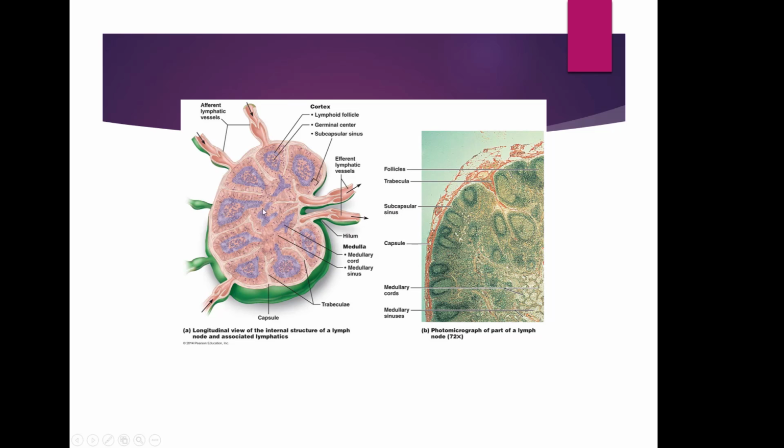And what's going to happen is that this is where antigen challenge is going to be encountered. So when an antigen is being brought to the lymph node by a macrophage or some other antigen presenting cell, or it floats in on its own, then the T cells and B cells that have the B cell or T cell receptor for that particular antigen are going to be selected.